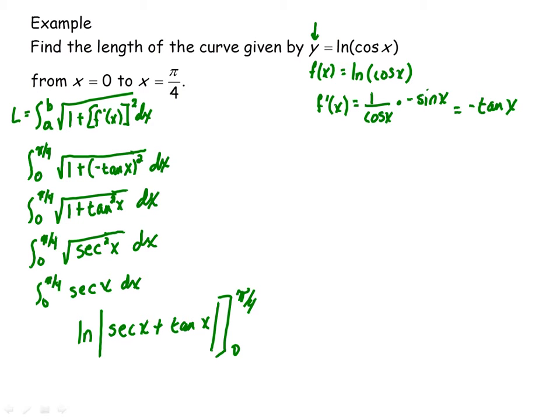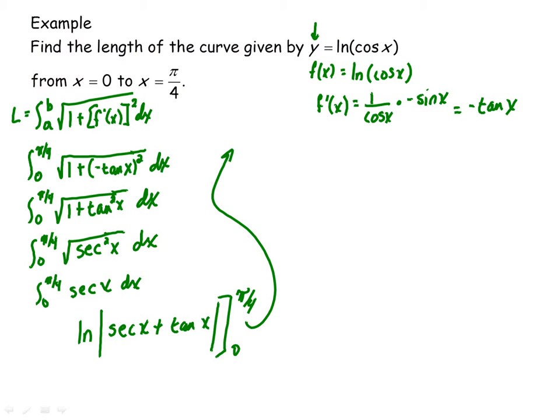Okay, this goes to the not so fun part, the part that y'all don't like. But you have that chart on the inside back cover of your book, which you should have copied onto your formulas page somewhere, okay? So get that chart out, and as I'm writing, start looking for secant of pi over 4, tangent of pi over 4, secant of 0, and tangent of 0. Start looking for those, because that's what you're going to do.